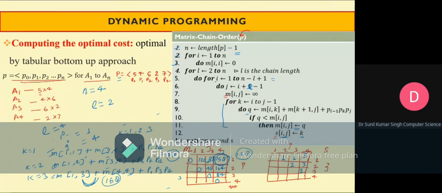We are computing it for the 4th step to find out the optimal solution. So if we are going to compute it, then another algorithm is required.